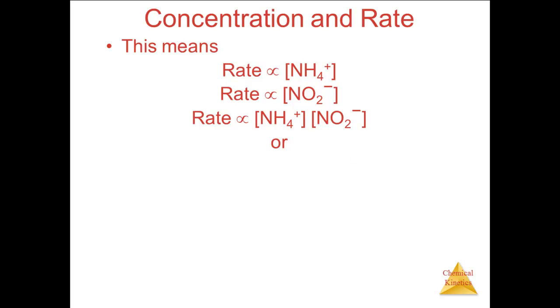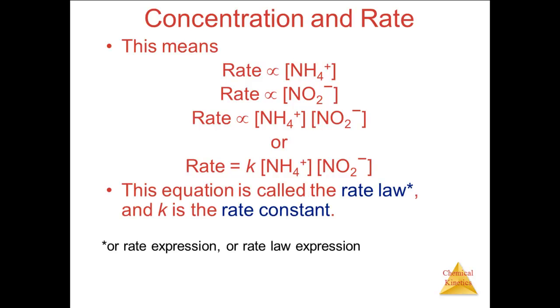This is more generally written, rate equals k times the concentration of NH4+ times the concentration of NO2-. This mathematical expression is called the rate law, or rate expression, or rate law expression. And the constant k is called the rate constant.